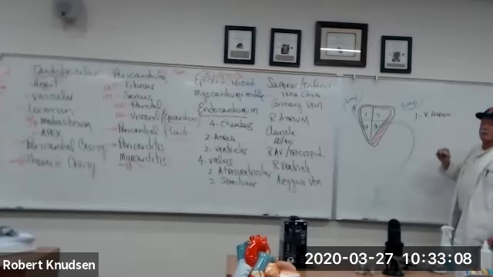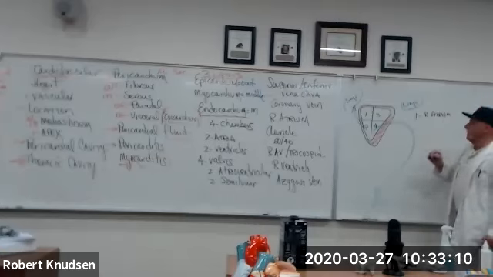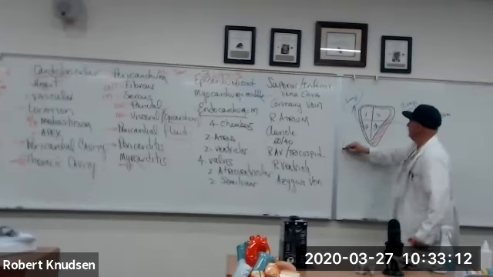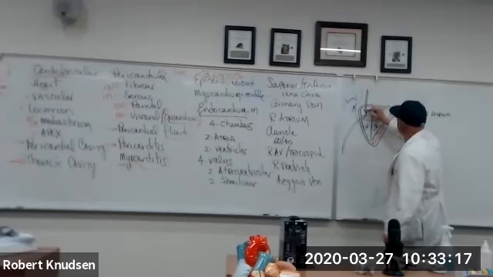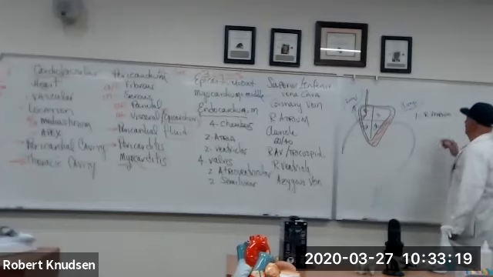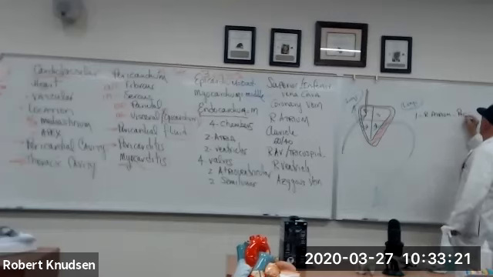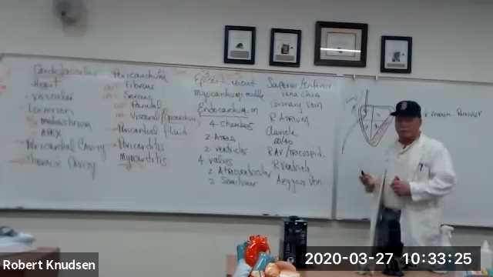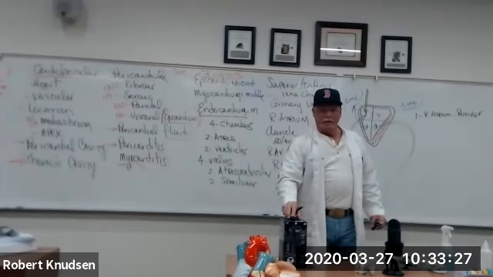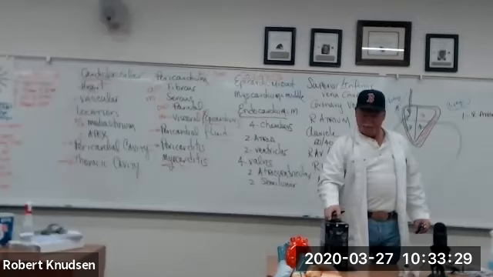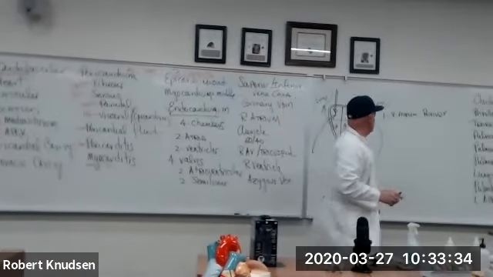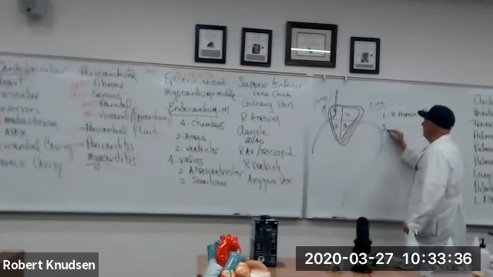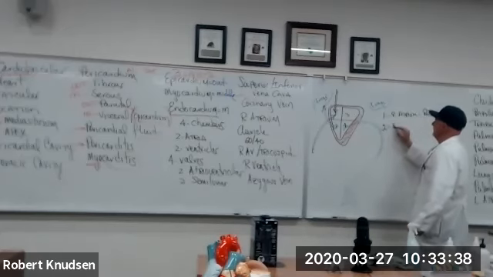Now, remember, right atrium receives blood from the body. So blood coming in from the body goes into number 1. It's a receiver. Move it over a little bit more so you can see that. Okay, it's a receiver. Number 2 is the right ventricle.